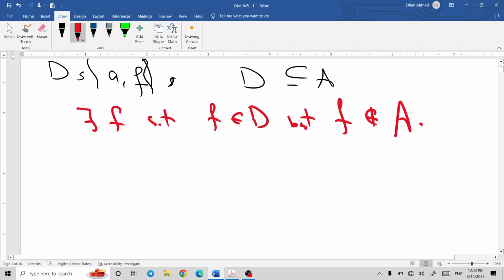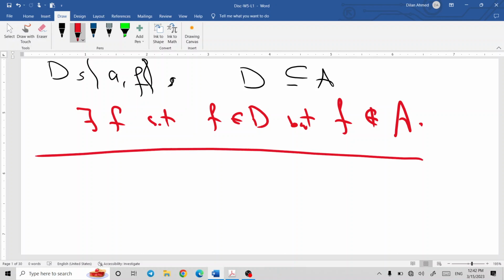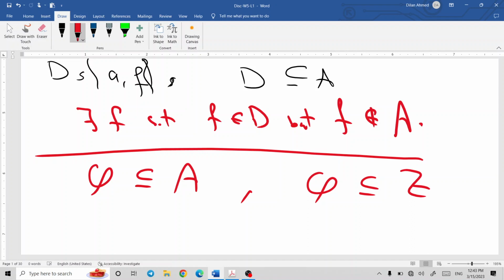So depending on these examples, you understand if I have a small set, a subset, all its elements should be in the large one, the universal one. Understood? Good. And phi is a subset of any set that you like to see: A, B, C, U, Z, anything. This is the first fact.